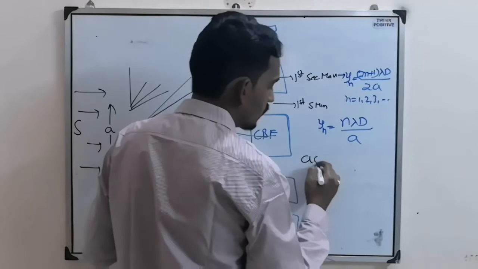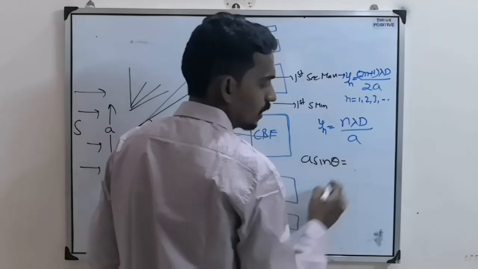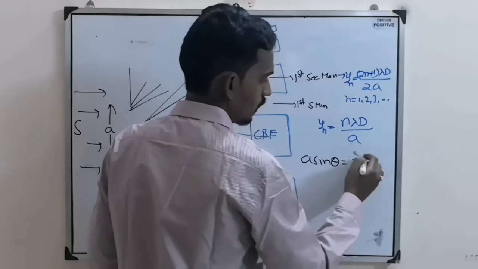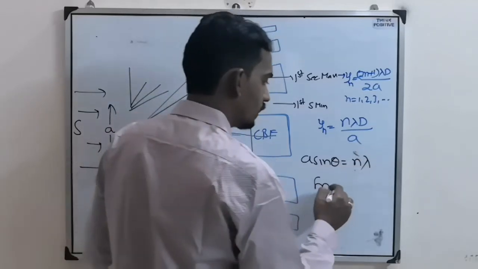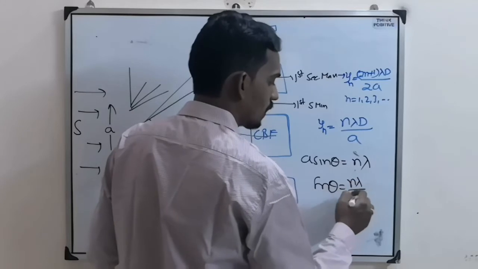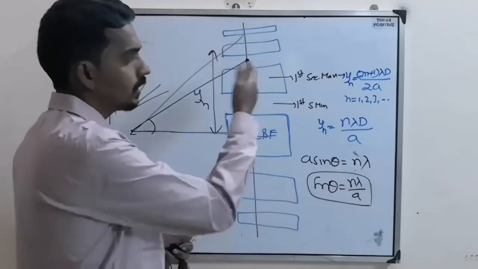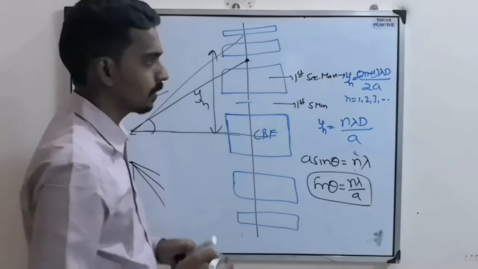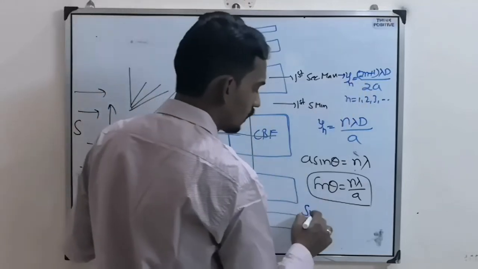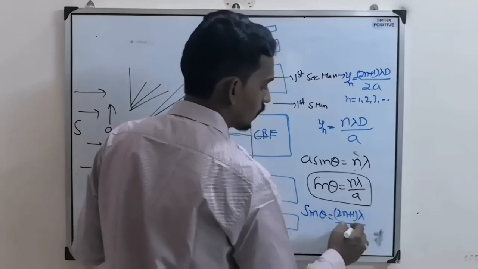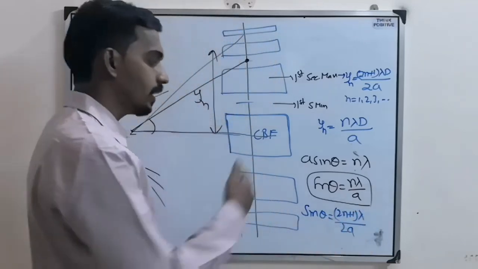That is a sin theta equals n lambda, where sin theta equals n lambda by a. This is the angular position for the nth secondary minima. In the same way, sin theta equals (2n+1) lambda by 2a for the nth secondary maxima.